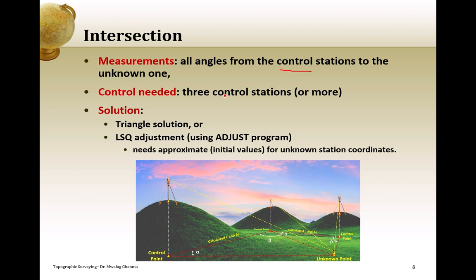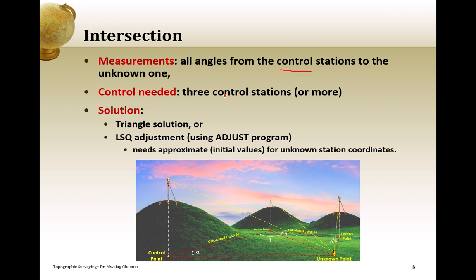So between one control point and the other, we can calculate the azimuth of the line connecting them and the length of the line. And this applies for any 2 points of these 3 control points. Now, how are we going to do the solution? We have the traditional solution of triangle solutions. We solve the triangles, or we go for the one-step least square adjustment.